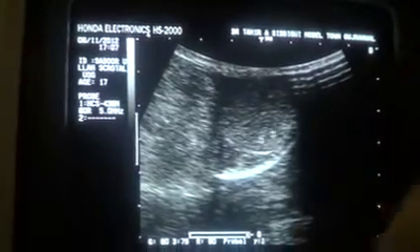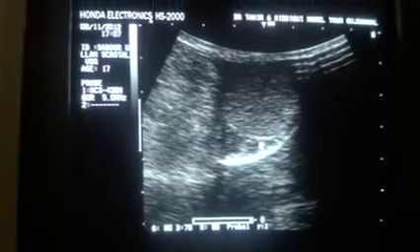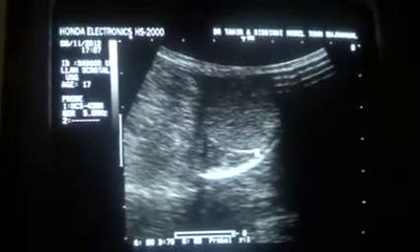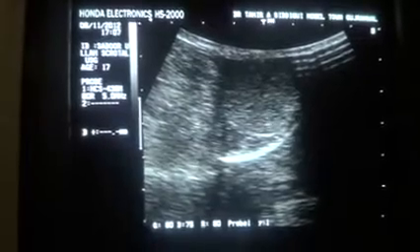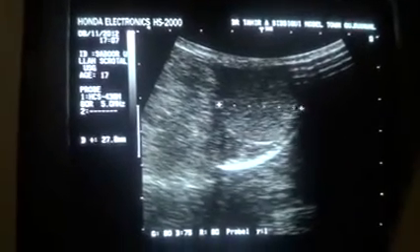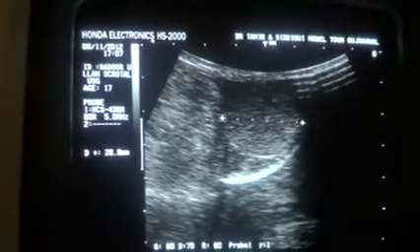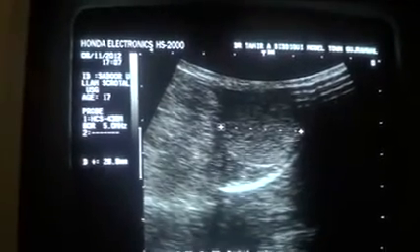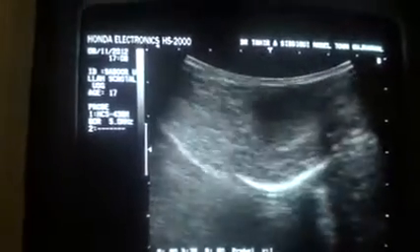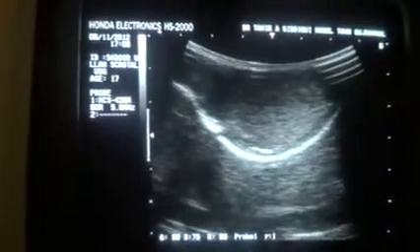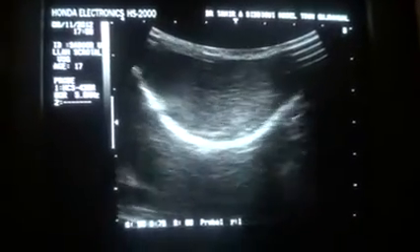This is the transverse section of the left testis with no calcification, no focal lesion, and intact membrane, measuring 2.69 centimeters in depth. So the left testis is normal in itself.